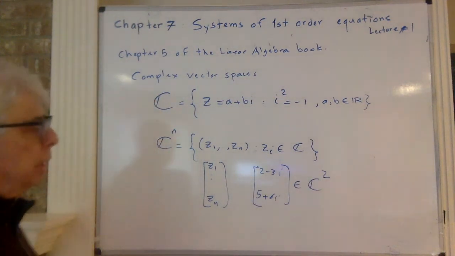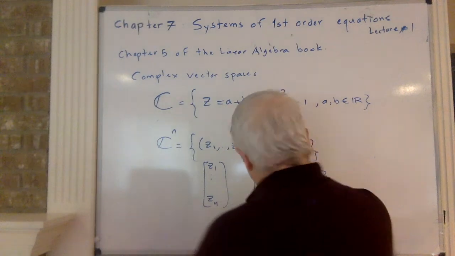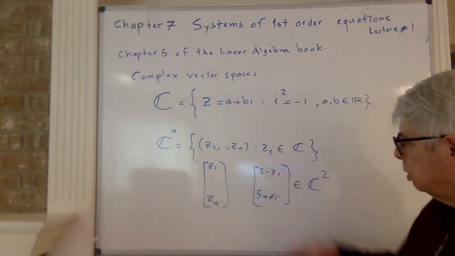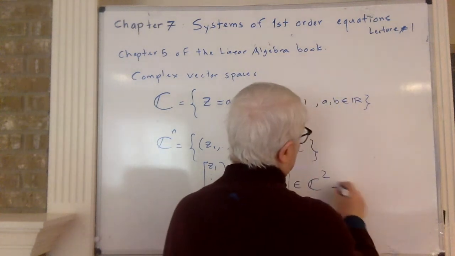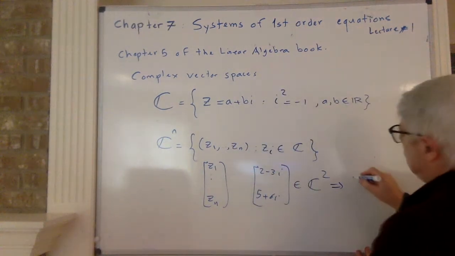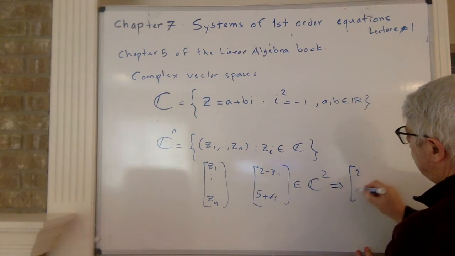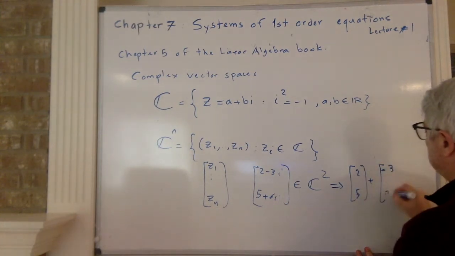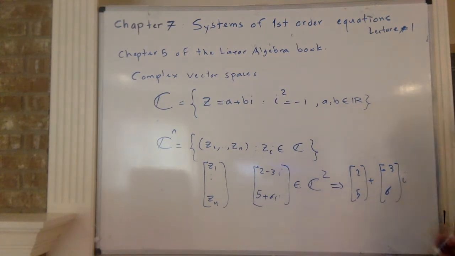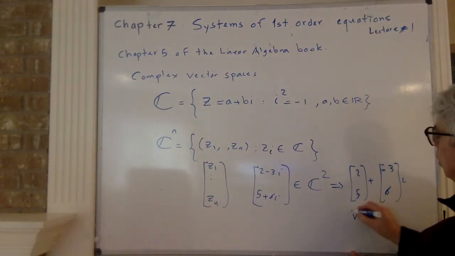And when you are given something like this, you can write it down in two parts, right? So, for example, this one you can write as a real part (2, 5) plus (-3, 6) times i. So it's like a vector in R2 plus another vector in R2 times i.